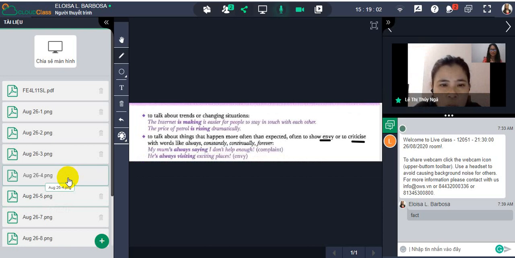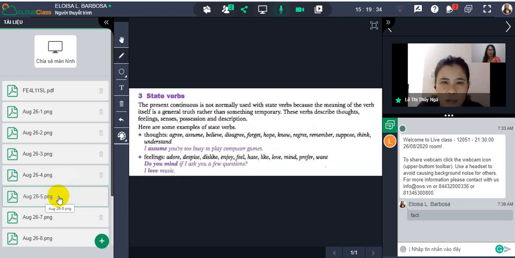Playing. Yeah. Okay, let's go with another one.